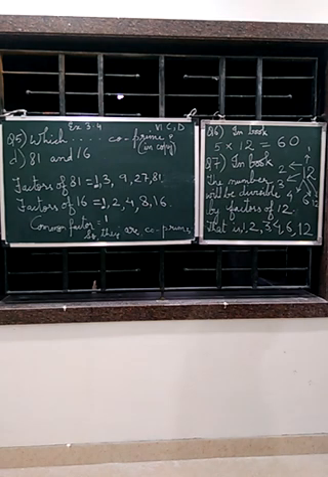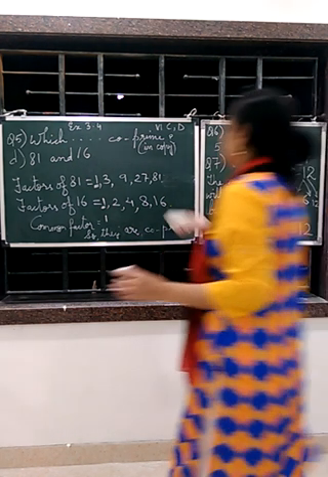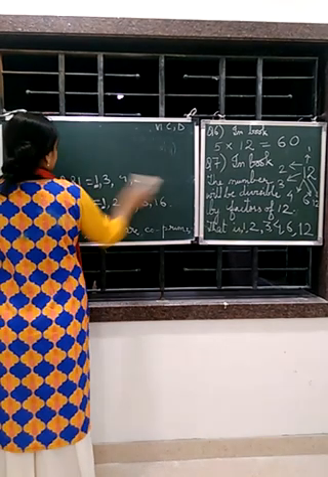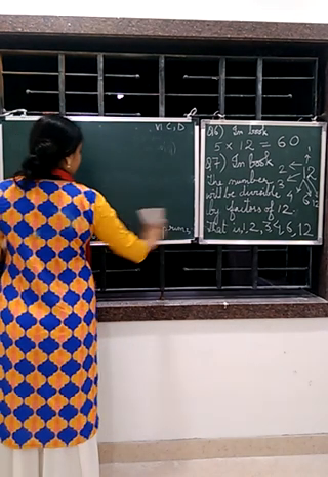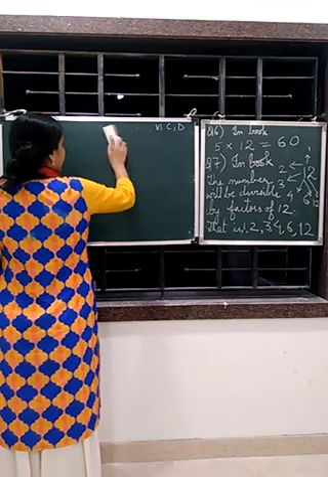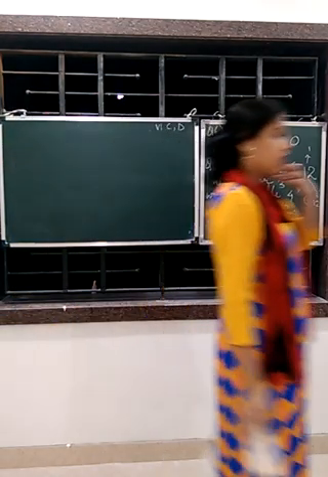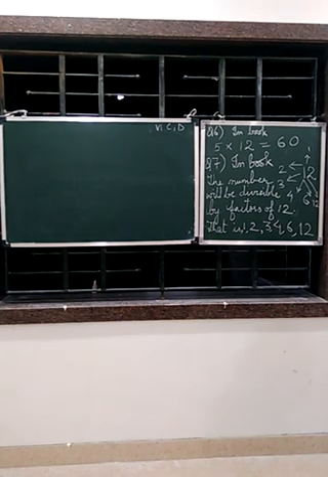Now going ahead, there are some more divisibility rules. So those divisibility rules we are going to discuss now. Just now we studied two new divisibility rules in question number 6 and question number 7. What are those two divisibility rules?